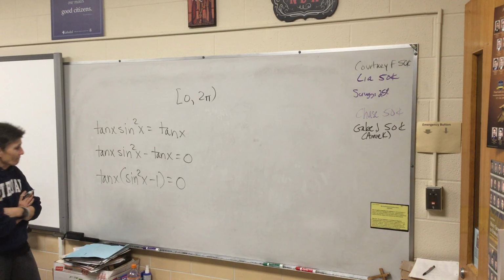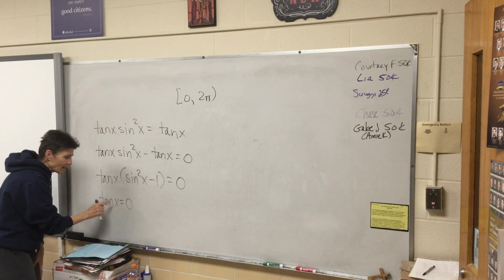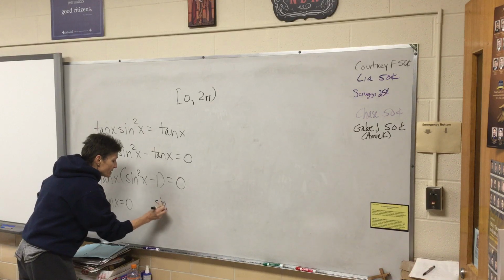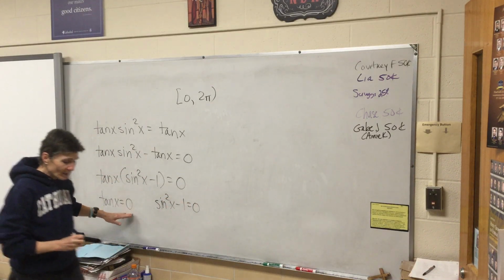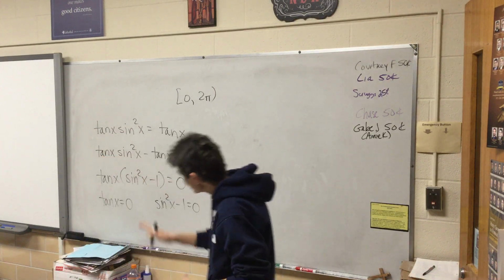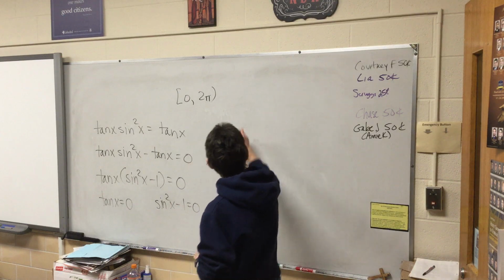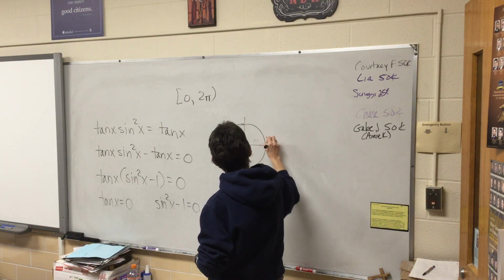Set them both equal to 0. So tangent equals 0, and I think we already did that, but I'm going to do it again because that could be a test question. And sine squared minus 1 equals 0. All right, so when you've got this tangent equals 0, or sine equals 0, or cosine equals 0, hopefully you're getting kind of programmed to look at your circle.